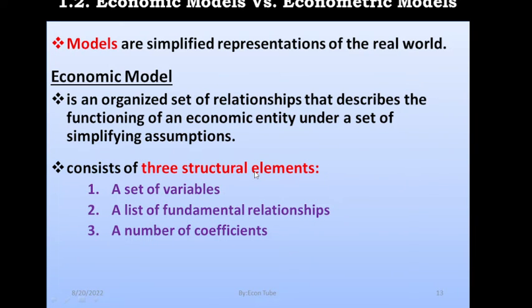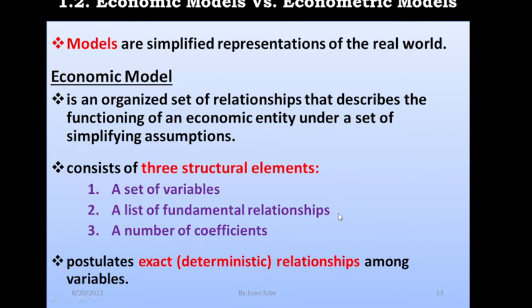An economic model consists of three structural elements: a set of variables, a number of equations, and a list of fundamental relationships. Economic models postulate exact relationships among variables, which is a deterministic relationship.